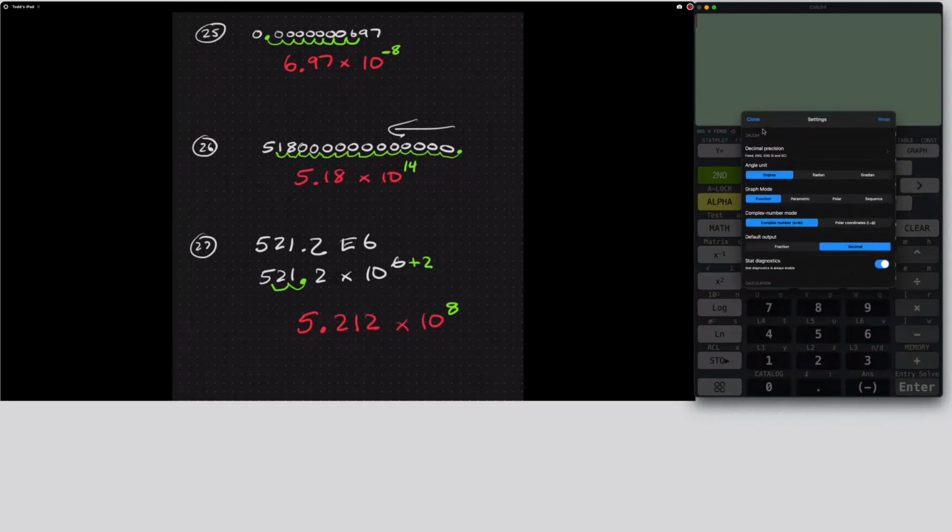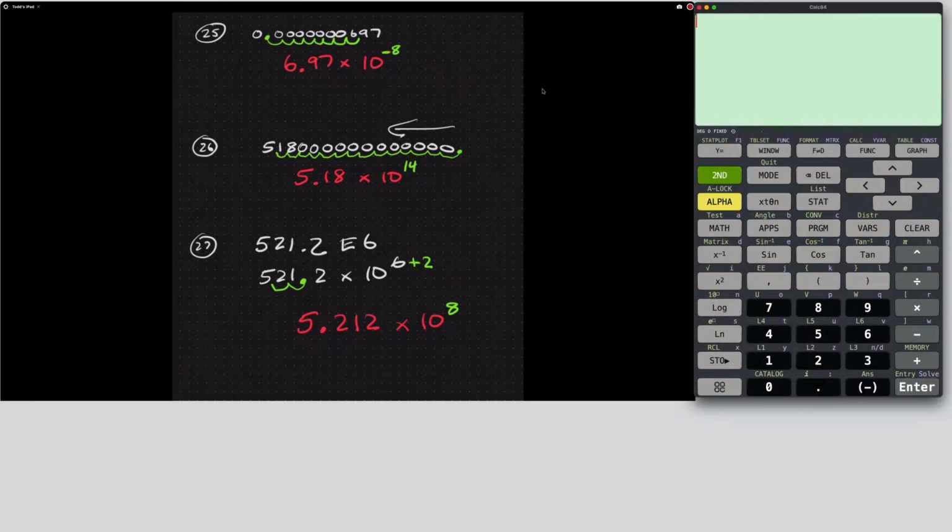Now if I type in this first number, remember there's 7 zeros and a 6, 9, 7. So 0 point 1, 2, 3, 4, 5, 6, 7, 6, 9, 7, and you can see it displays the answer right there. That's 6.97 times 10 to the negative 8. You don't need these last two zeros.